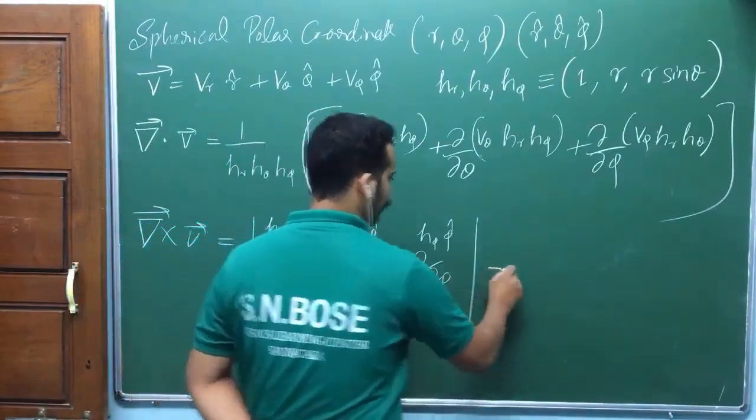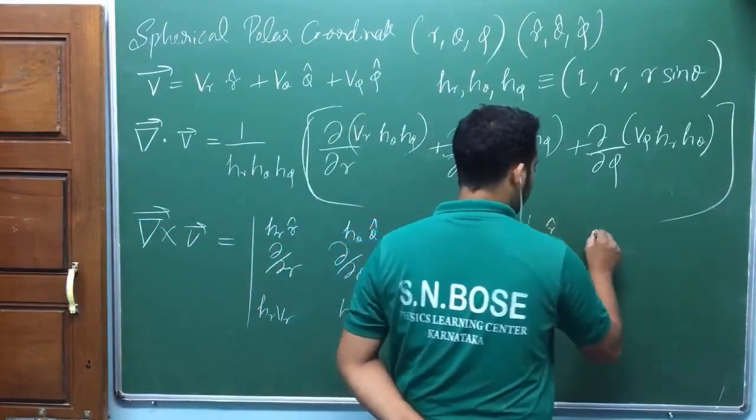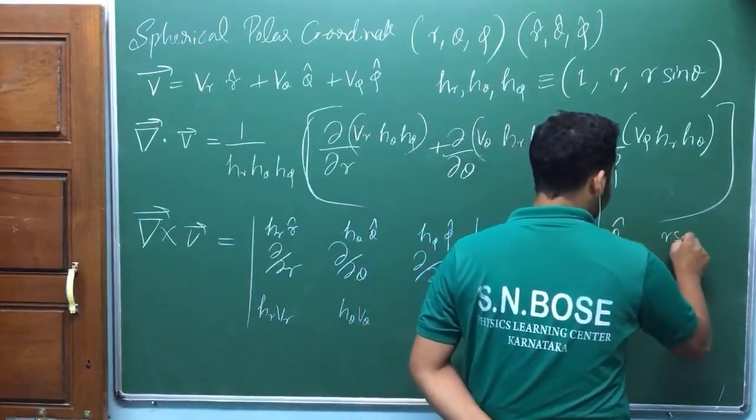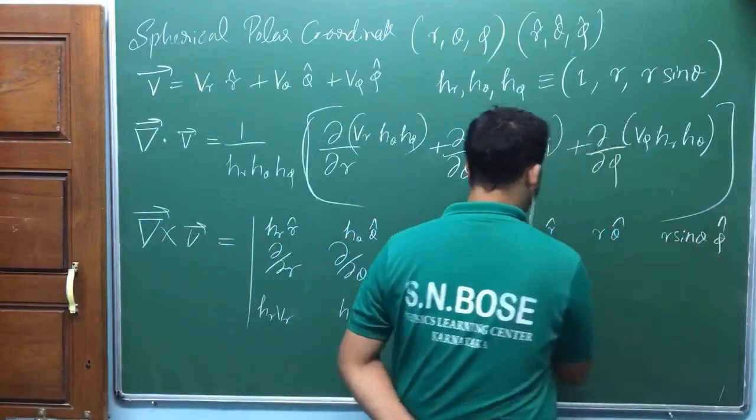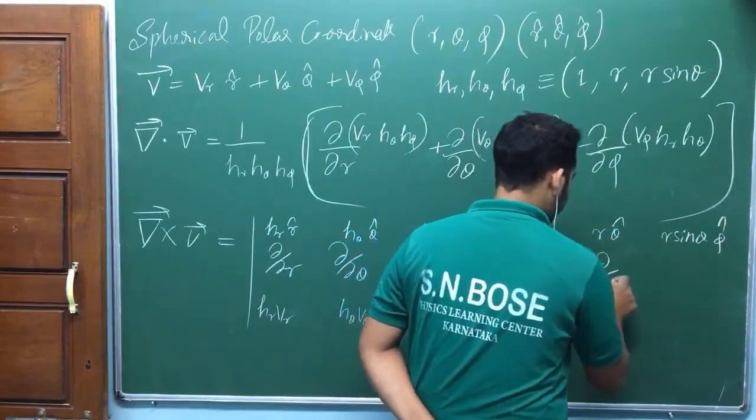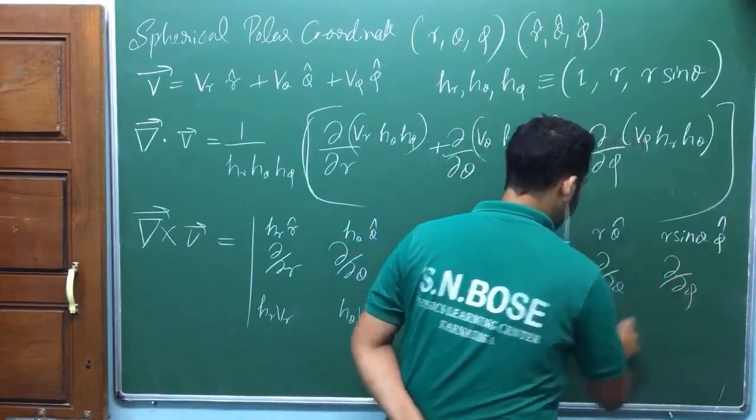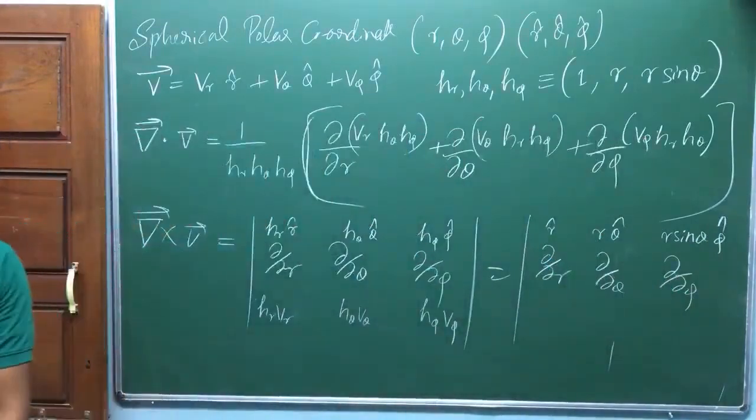Check this out. And you can write like this, am I right? r cap, r theta cap, r sin theta phi cap, ∂/∂r, ∂/∂theta, ∂/∂phi. Check this out like that. I hope you can substitute those. Is that okay?